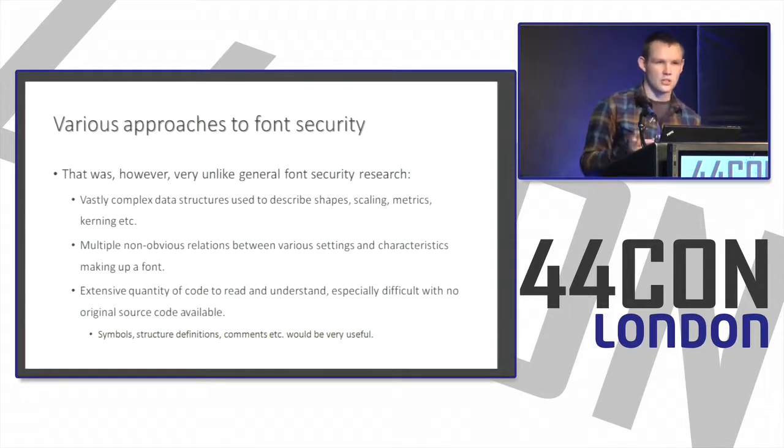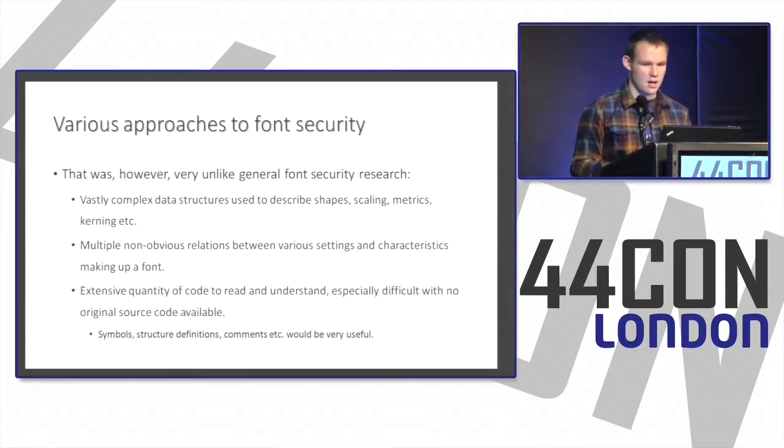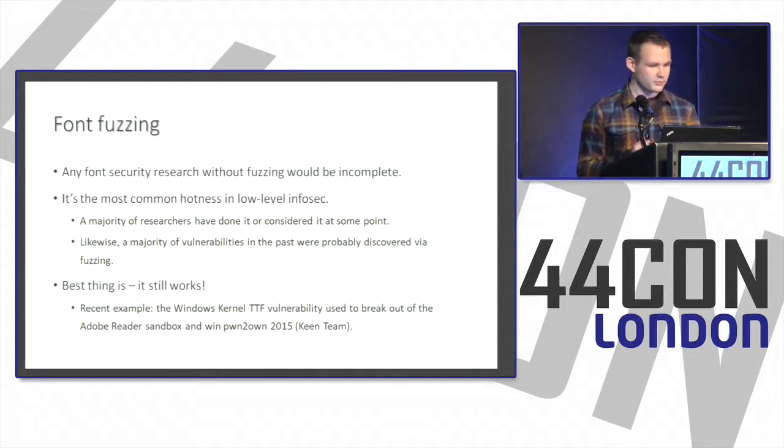It's often non-obvious and you have to learn many things about fonts. So it's also an extensive quantity of code. Even though I could read all of the interpreter's code within a month, I probably couldn't do the same thing within a year for general font parsing. So fuzzing is definitely a better approach here if you want to be time effective.